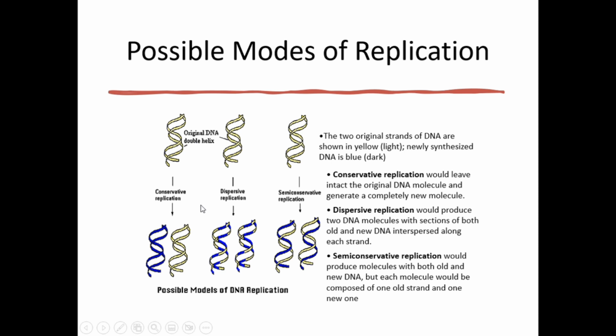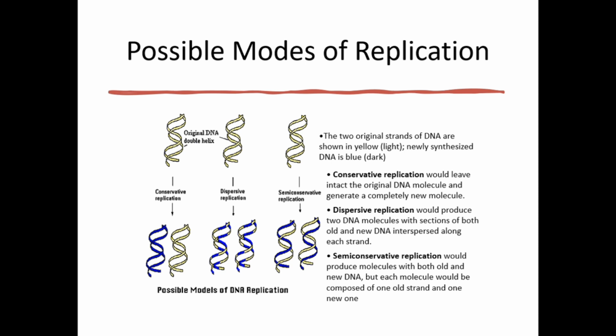Dispersive replication would produce two DNA molecules with sections of both old and new DNA interspersed along each strand.